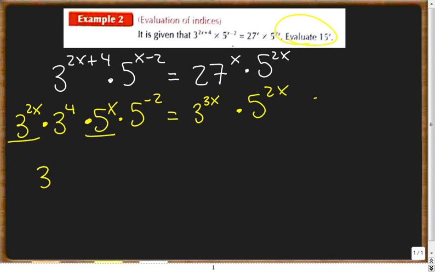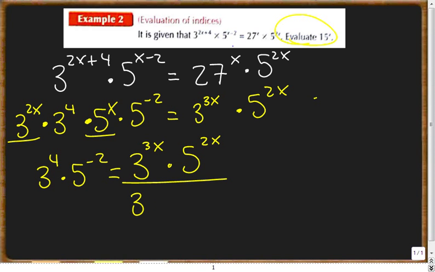So I'm going to be left with 3 to the 4th over here times 5 to the negative 2. And that's going to equal 3 to the 3x times 5 to the 2x divided by 3 to the 2x times 5 to the x. Now, everything's multiplied together. It makes it nice and easy for us to work with.